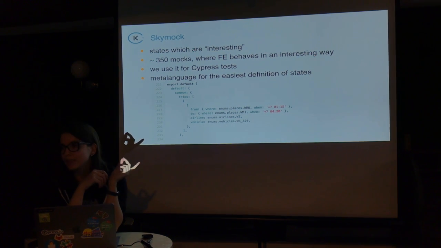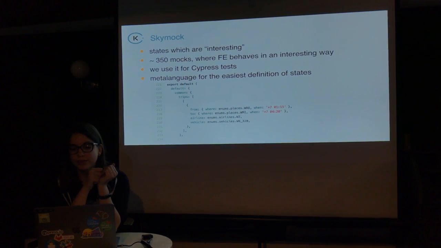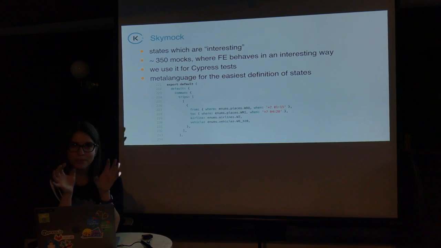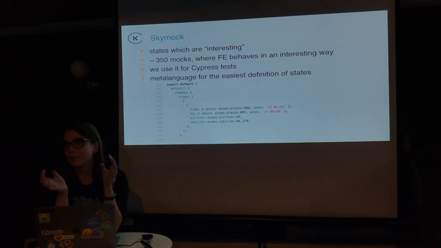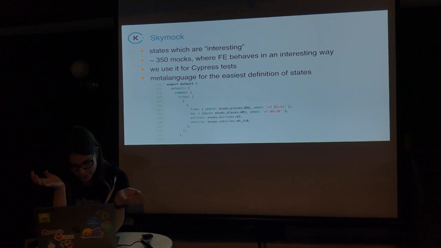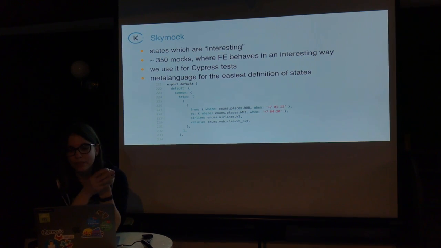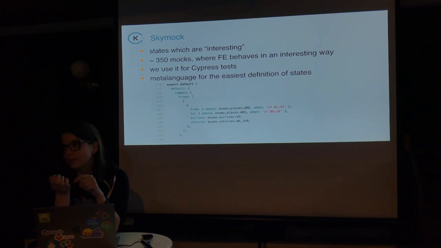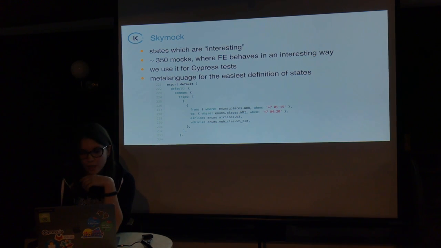So what you can see here is the definition of default trip. There is a mock, which is not really special, but it's the default one, where you will see return trip by, in this case, I guess it's Red Wings, but whatever. This is how default trip looks like when it's written in Skymock.